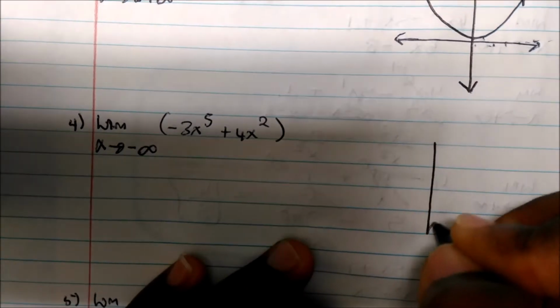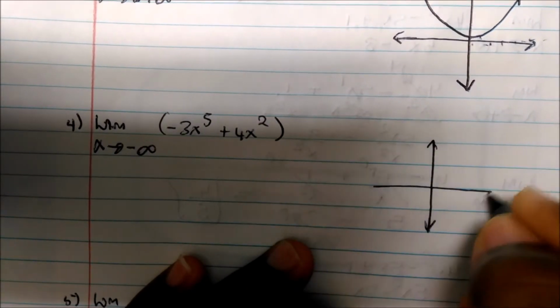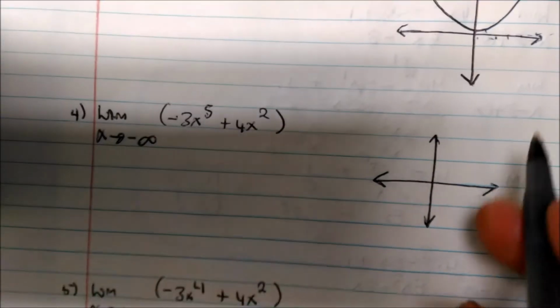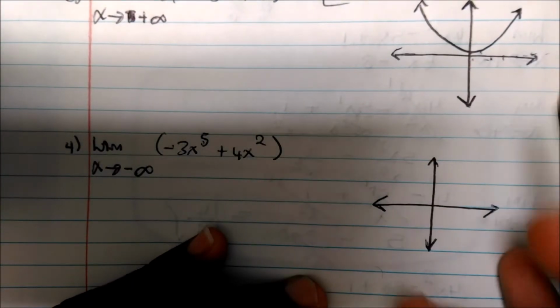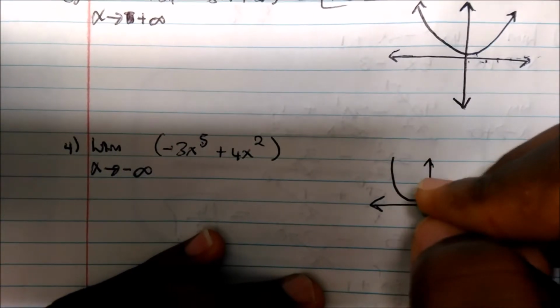And remembering what graphs look like, the end behavior is determined just by the leading term coefficient and its power of x. So this is negative. The leading term is odd. So I know my function is going to look something like this. However, the negative sign here flips it over. So it looks something like this.